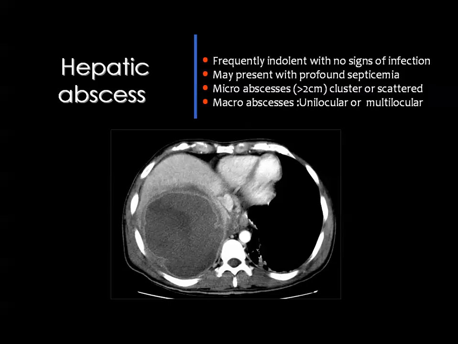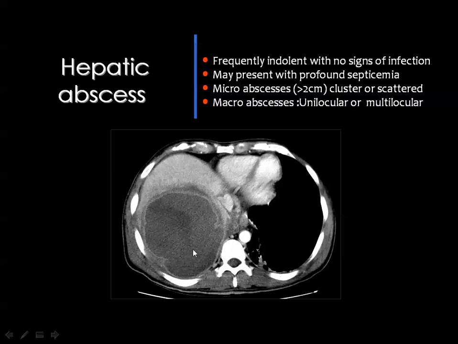Then we came to the second lesion in this group, which is the hepatic abscess. In order to discriminate the hepatic abscess from the simple cyst, the abscess has an inflammatory margin, and this margin will enhance with contrast media.